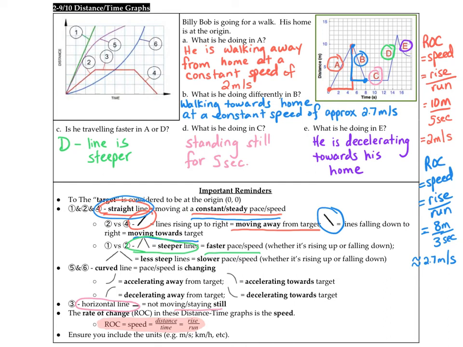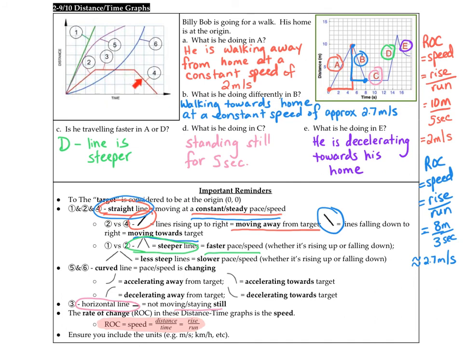So if you want to see how this all works again in a simulation, you can go back and watch the Moving Man videos. But other than that, what I would suggest is that you take a look at all of these. Any kind of line that is moving up, whether it's curved or not, means he's moving away from the target.